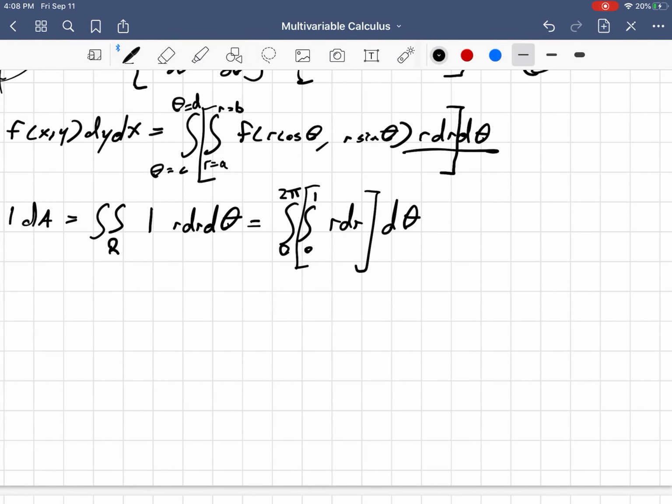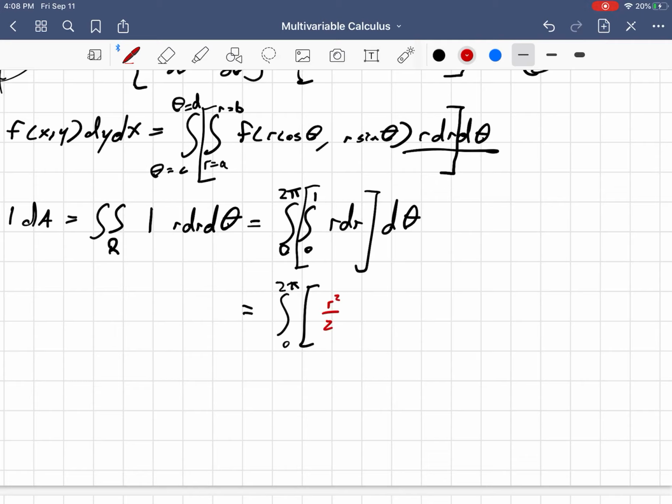And now this is just a straightforward evaluation. Get the integral from 0 to 2 pi of, now we are just going to evaluate that, and it's going to give us a number, right? So the integral of r dr, that's r squared over 2.